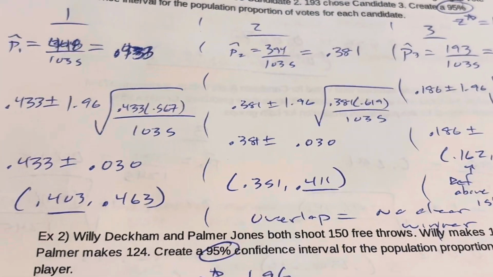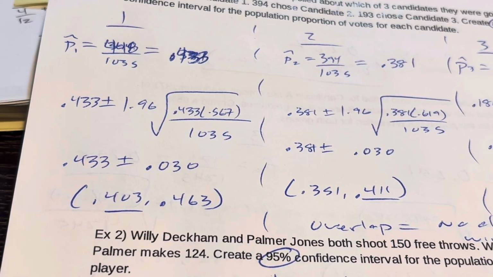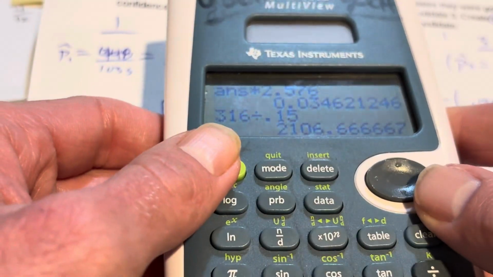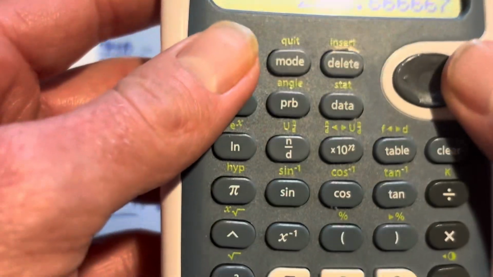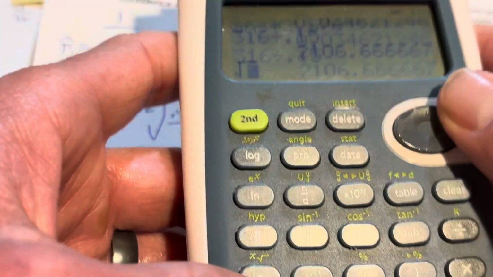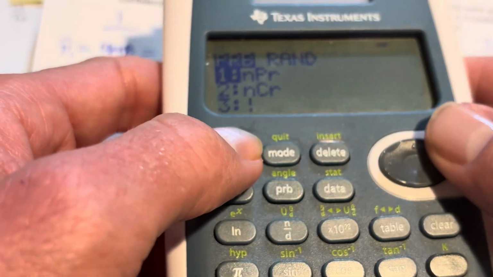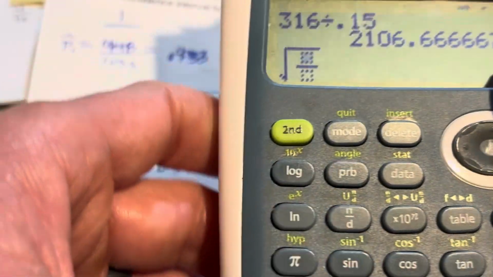Okay, so we're going to use that above formula. I'm going to show you 1 and 2 here in a second. Don't worry about the whole overlap thing. So how do you type this in your calculator? Well, guys, I think you know. I kind of go old school with it, but if you wanted to, mode, MathPrint is going to be great. You can do square root and then use n over d, not PRB.